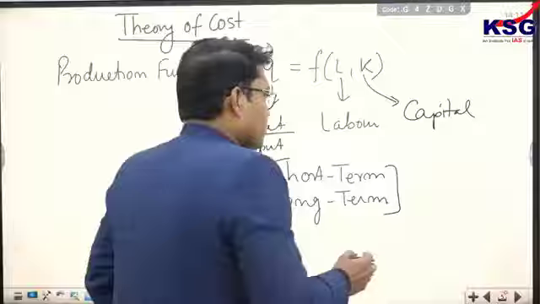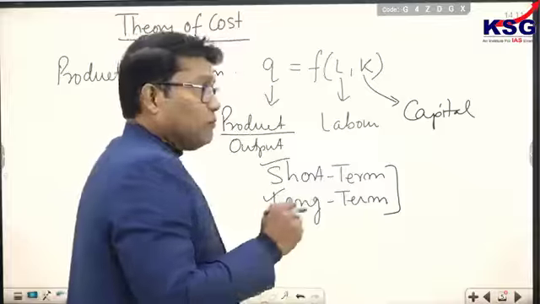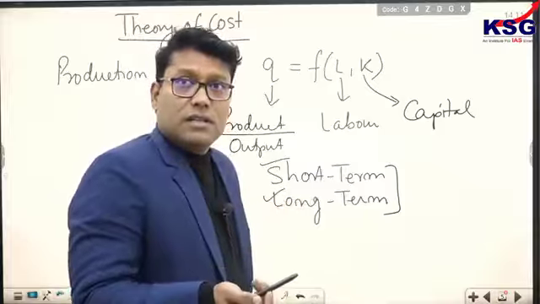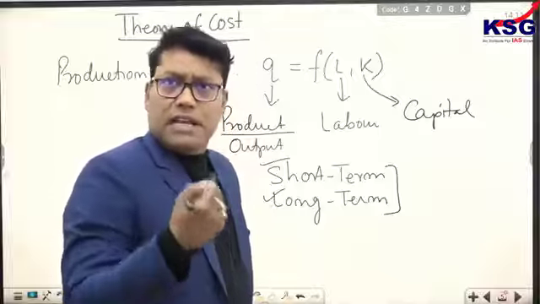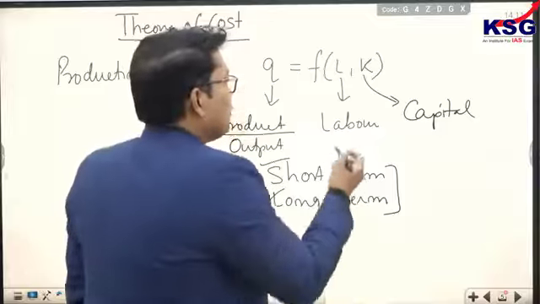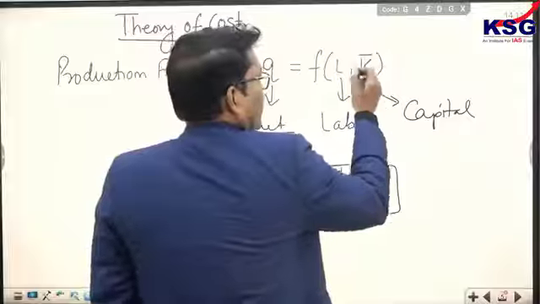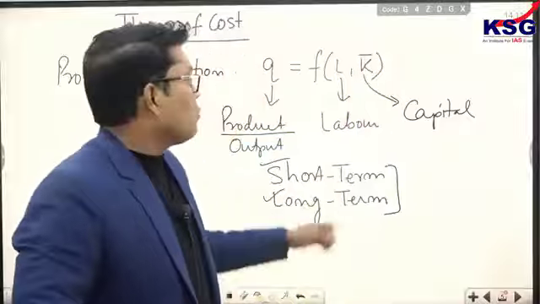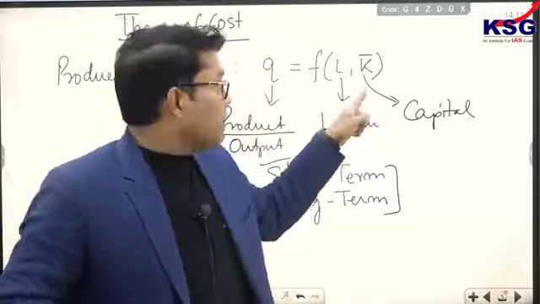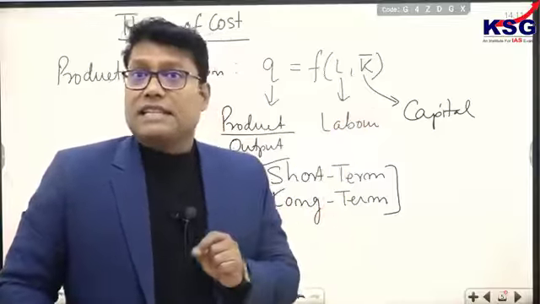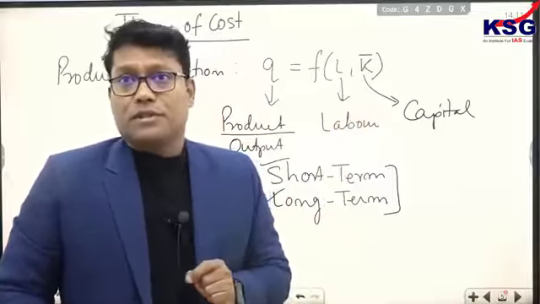Now, in the short term, since some of the factors you can't change, that is the nature of capital. Capital you don't change basically in the given time period. You need a time period. So we put a bar on K, because capital is normally fixed in nature, you can't change it when you want.